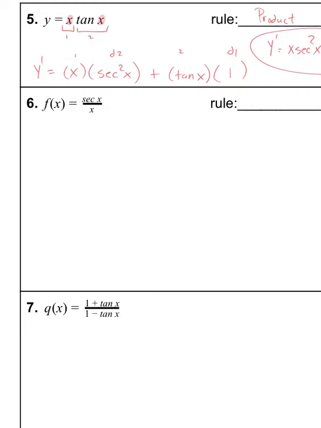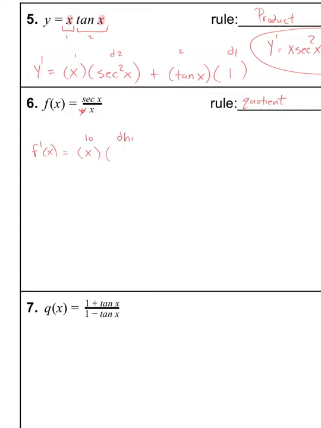Easy. Number 6, this is a fraction. So that is the quotient rule. There's nothing we can do to simplify that algebraically to avoid the quotient rule. So low d high minus high d low all over low squared. You start with low. All right, so low as is x. The derivative of the high function, hey, that's a single trig function.